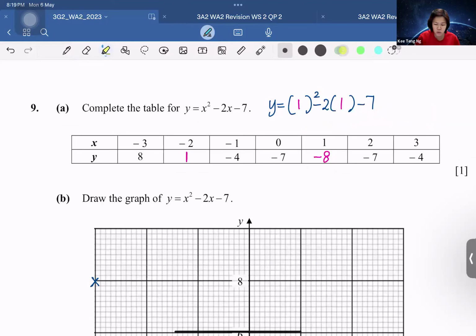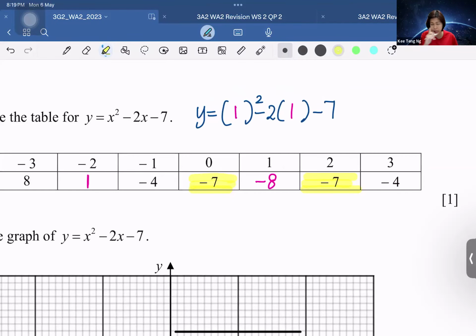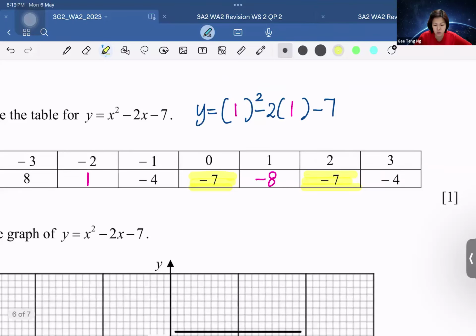Now, I need to bring your attention to something over here regarding the line of symmetry. Do you notice that there is a same y value over here? Do you see that these two y values are the same? If these two y values are the same, what can you tell me about the line of symmetry? The line of symmetry will be down here, correct?